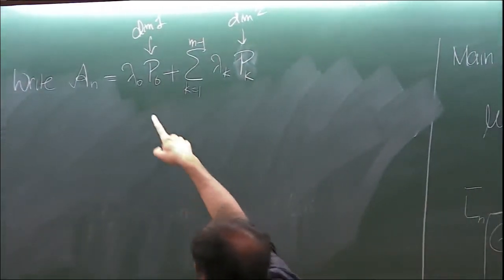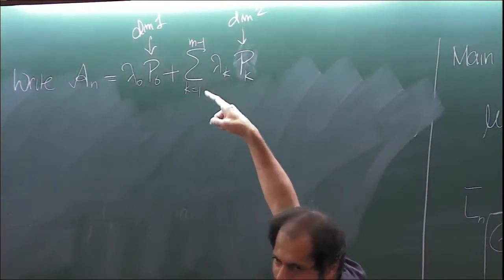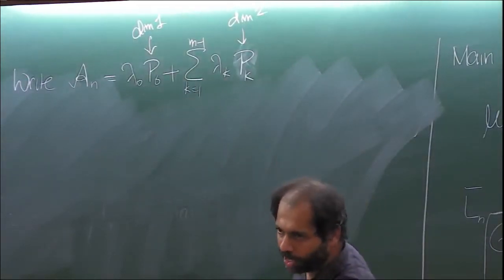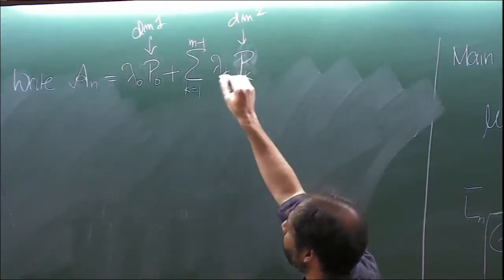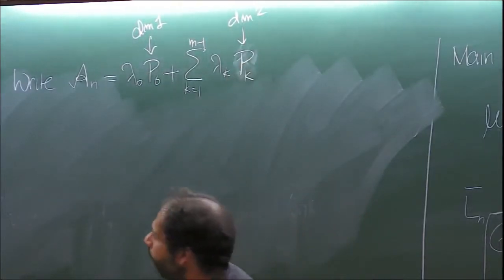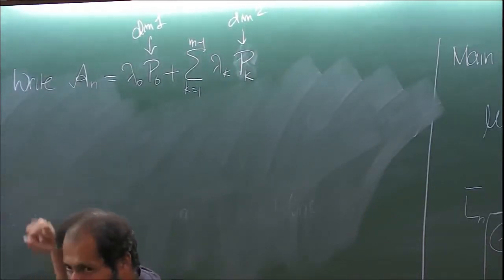There is one eigenvalue, lambda naught, with a one-dimensional eigenspace, and the rest of the eigenvalues come with a two-dimensional eigenspace. So I have written it as a sum of projections with those things. These are rank 2 projections, this is a rank 1 projection. So we can expand this in that basis of projections.